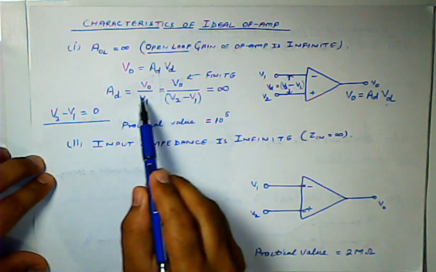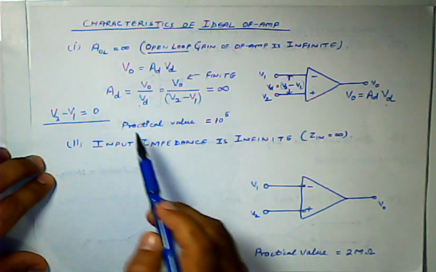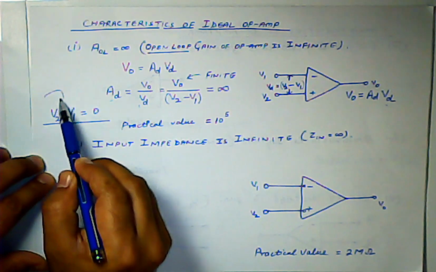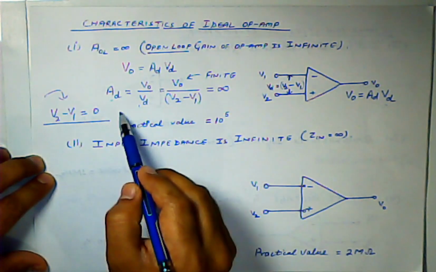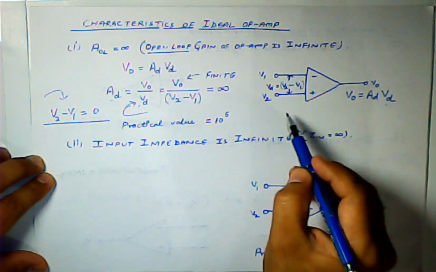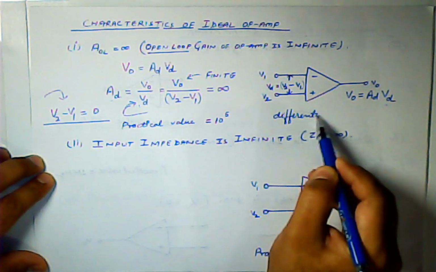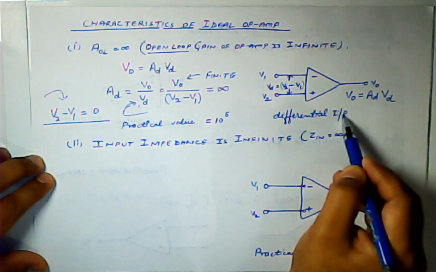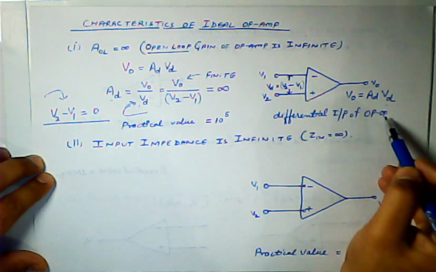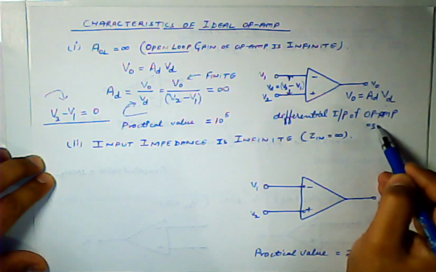Practically AD, that is the differential gain, or you can say the open loop gain of an op-amp, is a very high value. So we have to apply a differential input of very small value. So you can say the differential input of an op-amp is small.